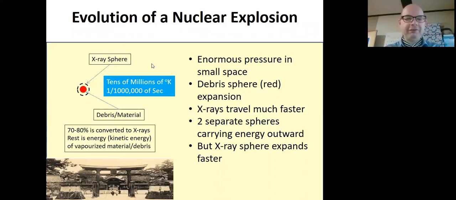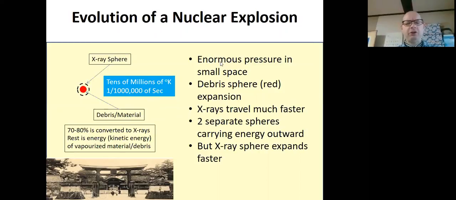Okay, so at the very first level, we're still at very, very high temperature, tens of millions of Kelvin, for a very short amount of time. This is almost immediately after the bomb happened. We have the debris sphere and the X-ray sphere, which is already quite far out from where the debris sphere is. And you have enormous pressure here in a very small space.